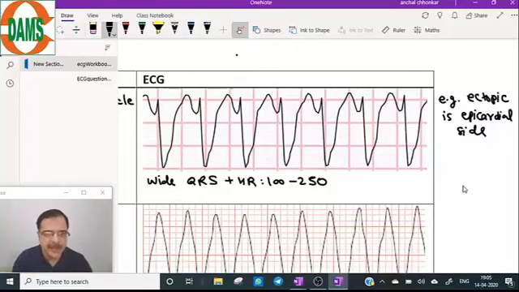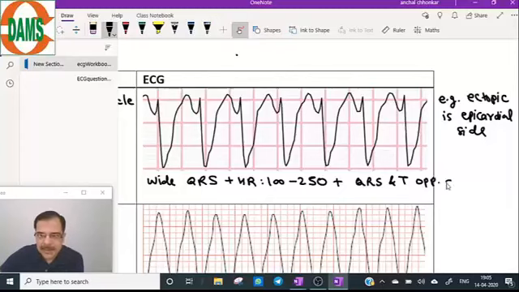That we have already done earlier, and the relation between the QRS and T will become opposite. Usually the T wave will be opposite to the QRS, so in this case QRS and T are in opposite directions.